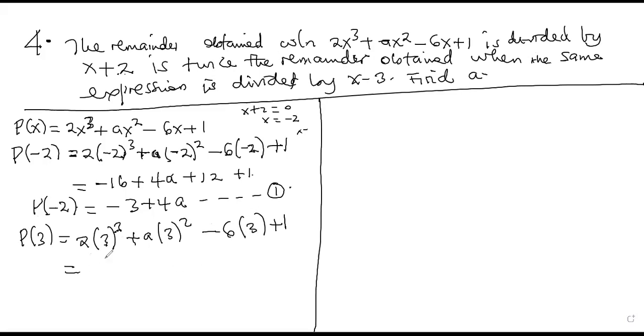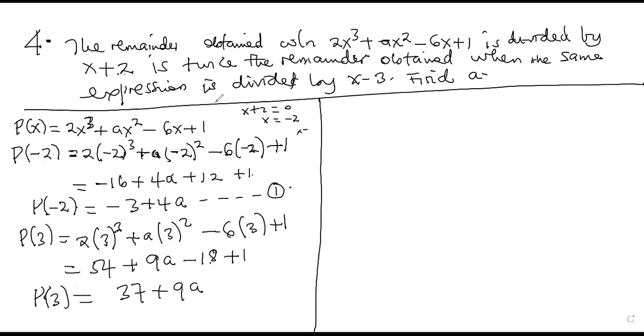So this is equal to 27 times 2, which is 54, plus 9a minus 18 plus 1. When you work on this, it's going to give you 37 plus 9a. So this is my p of 3.